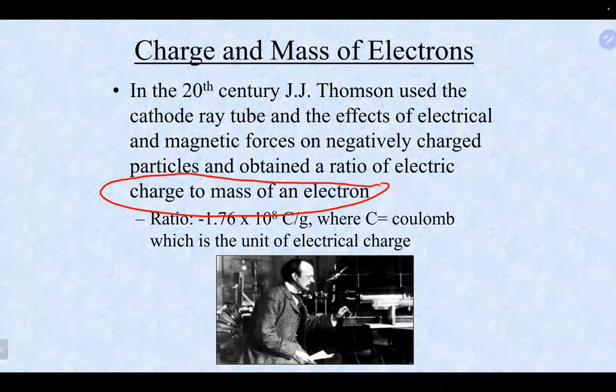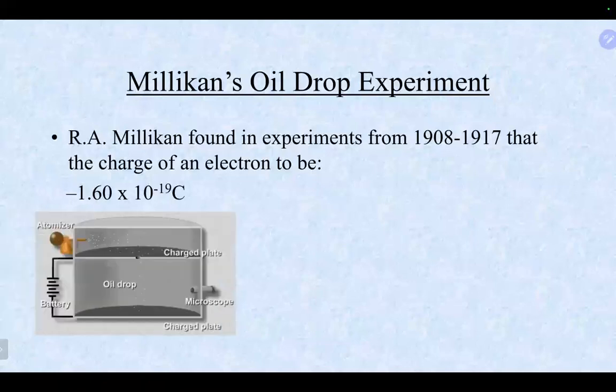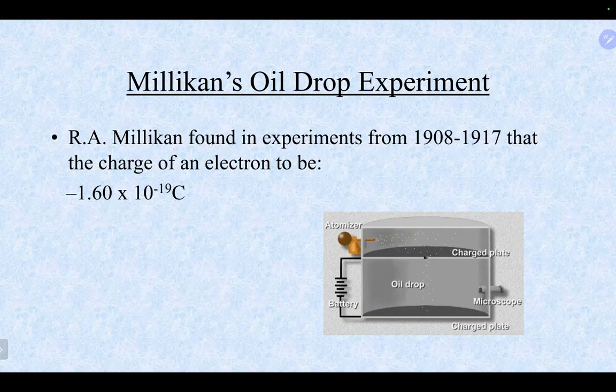This was a nice beginning understanding of electrons, these negatively charged particles. The next major experiment that helped us understand more about electrons was done by a guy named Millikan, who did what is referred to as the oil drop experiment. It looks something like what we see here in the picture. We have an electrical field set up.